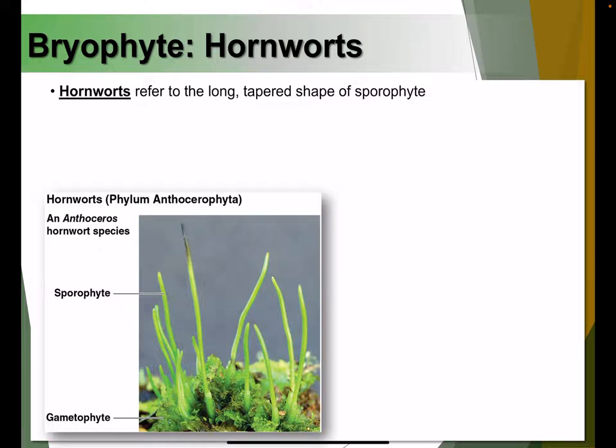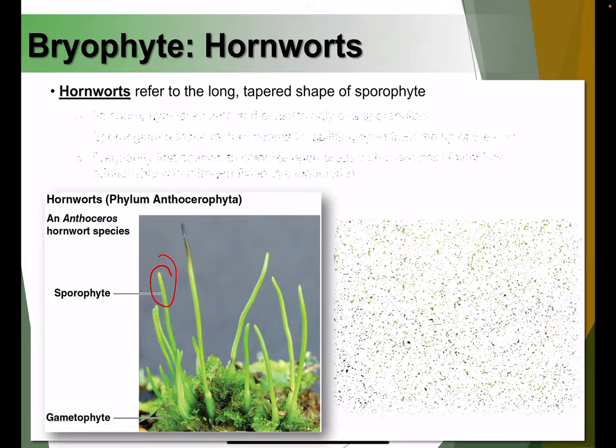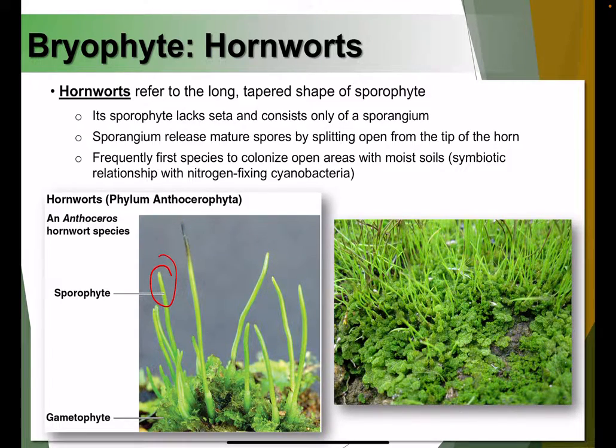Okay, so now the second type of bryophyte we can talk about is the hornworts, which fall under the phylum Anthocerophyta. The name refers to the long tapered shape of the sporophyte. So their sporophytes are not like little trees sitting on top; they're like little horns sitting on top. That's why they're called hornworts. Their sporophytes actually lack a seta.